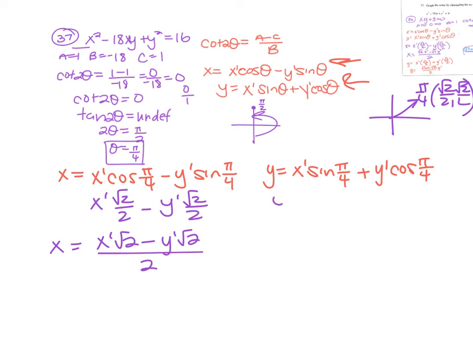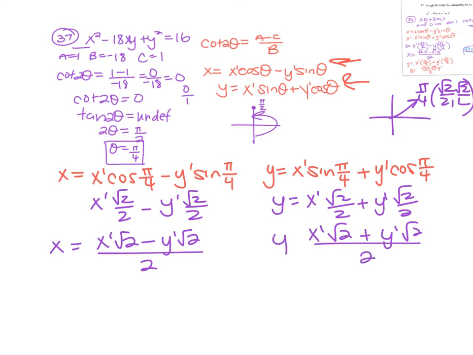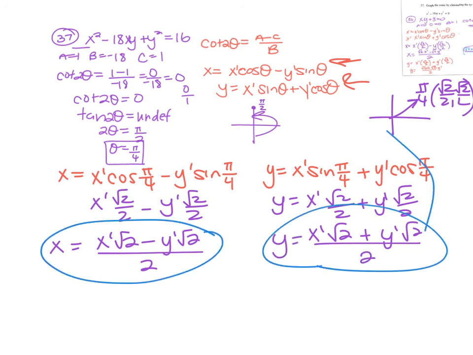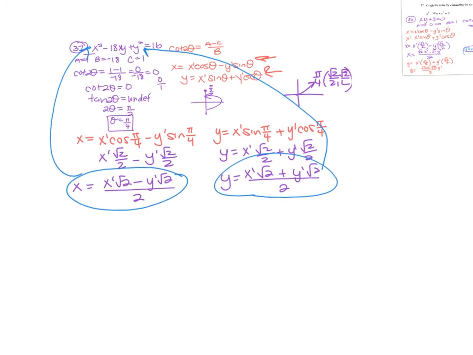And then y would equal x prime times root 2 over 2 plus y prime times root 2 over 2. So x prime root 2 plus y prime root 2 all over 2. And then we take those and we plug them back into the original equation in place of the variable that's there.